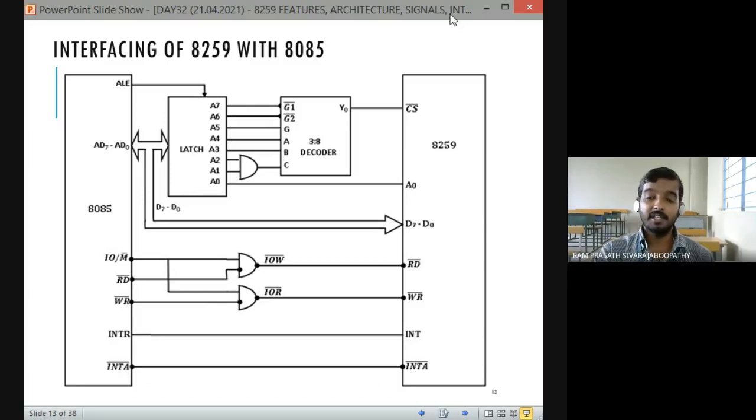So that's all about the interfacing of 8259 with the 8085 microprocessor. Is it clear up to this? On the 8259, these pins are all here. The interrupt pins we have not shown here. Those interrupt pins are input signals to 8259. Fine. That's all about the 8259 architecture and signals. Is it clear up to this? Shall we proceed?